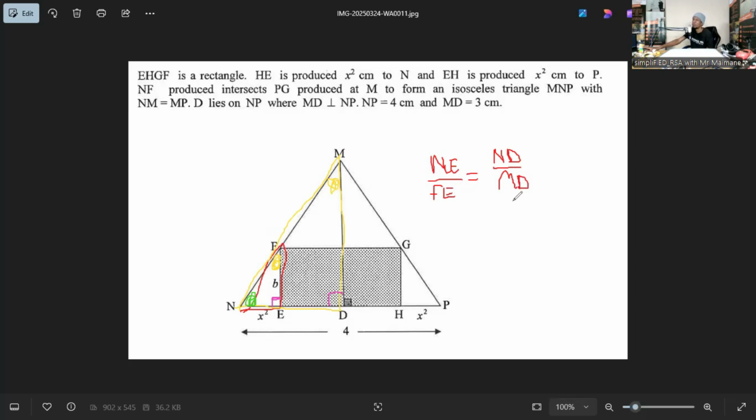In similarities, we apply it like this. I know the size of NE is x squared. I know ND is 2 centimeters because NP is 4 centimeters, and this side is equal to this side, so ND is equal to DP, and each is 2 centimeters.